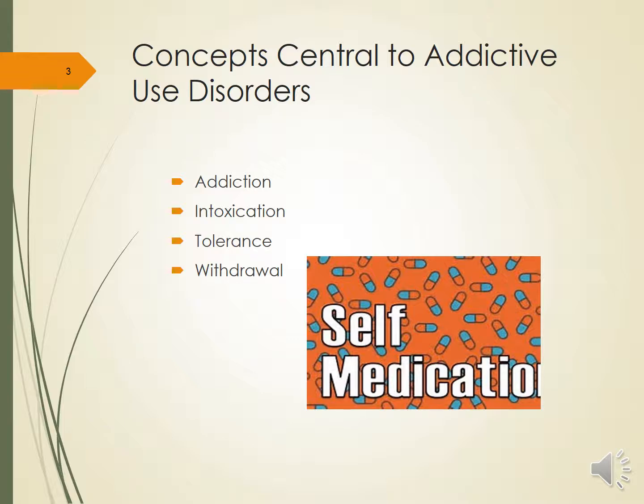These concepts are central to addictive use behaviors and disorders, so please make sure you understand these definitions. They're defined on pages 413 through 416. Substance abuse is a disease that affects the pleasure or reward area of the brain.